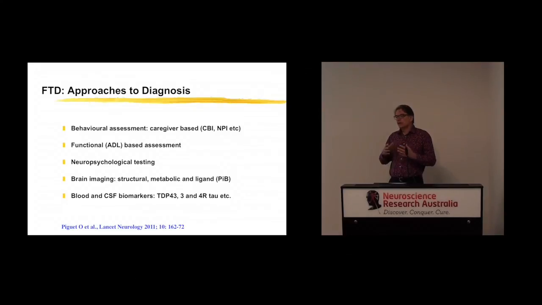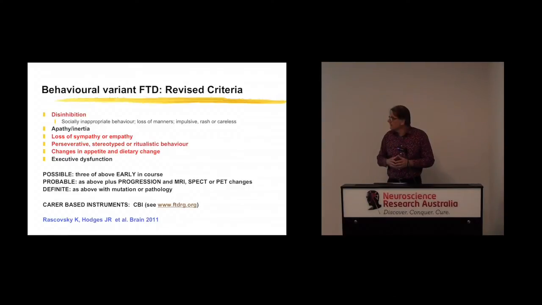There's neuropsychological testing that helps us to diagnose these syndromes. There's brain imaging of different types, structural and functional brain imaging, and we're interested in blood markers, but that's in the sort of research domain. Now, the commonest way for patients to present is with the behavioural variant of FTD.